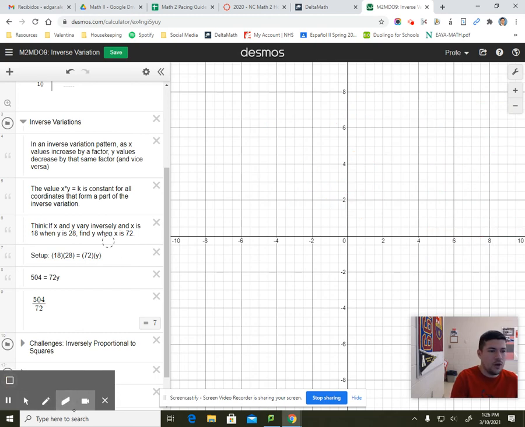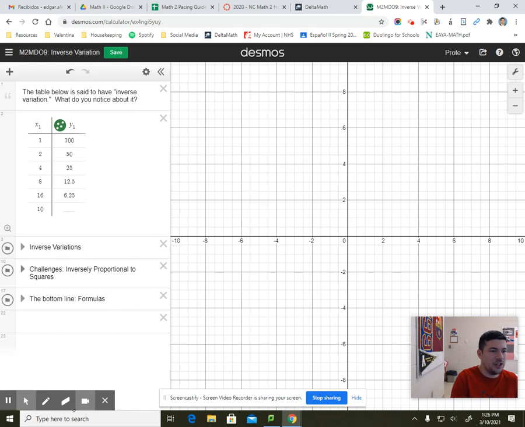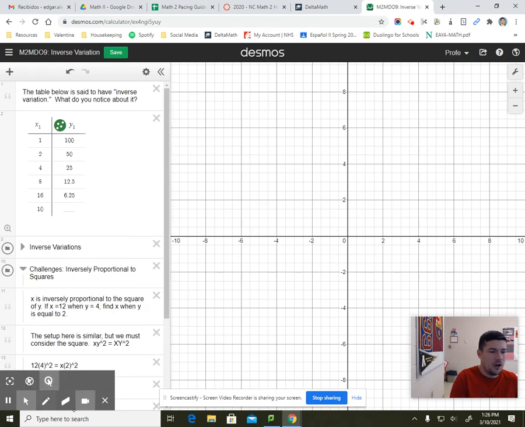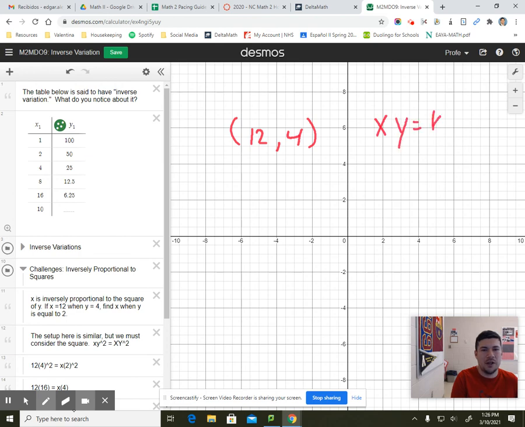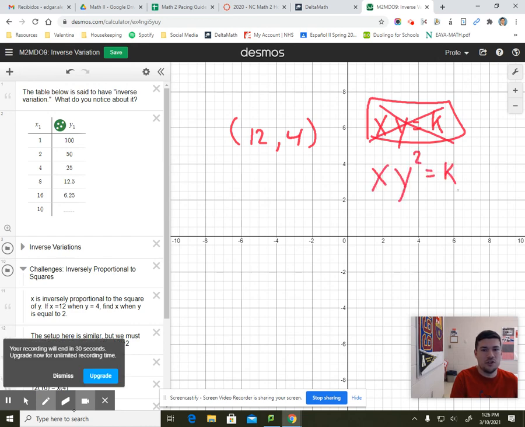Now, what if I move on to a more challenging problem? There's inverse variation. My x is 12, and my y is 4. But we're going to say x is inversely proportional to the square of y. In other words, instead of saying xy is a constant k, I am actually going to say x times the square of y should give me a constant.